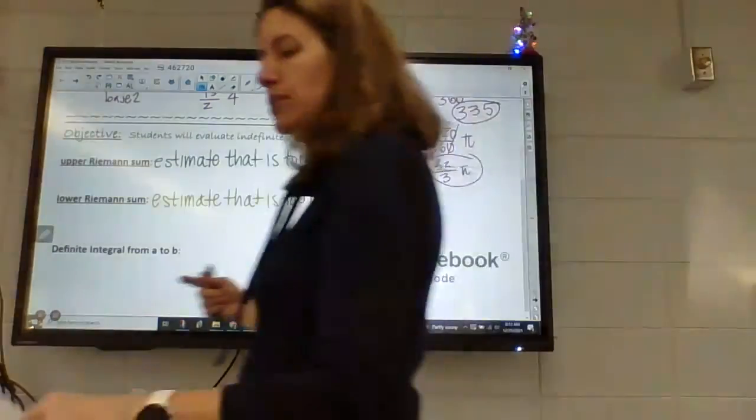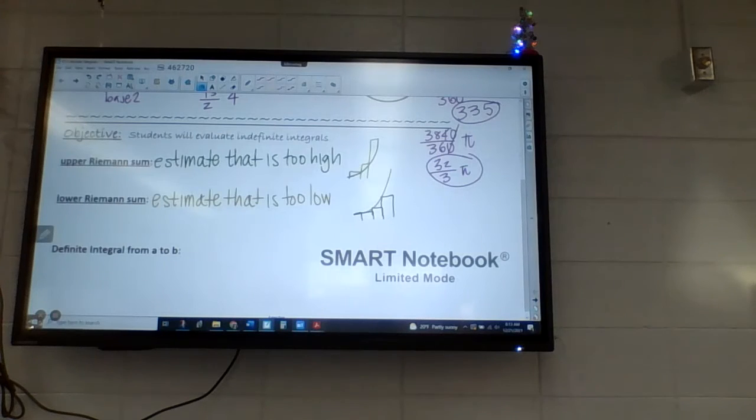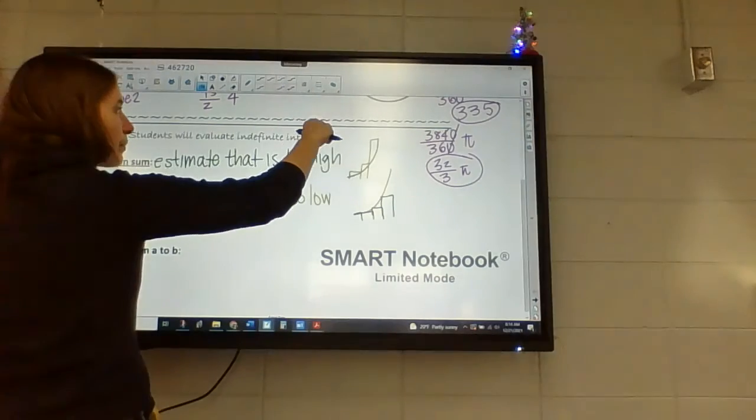Now one of the things we also learned, and you guys saw that if you did the n equals 16 thing, is the more and more rectangles you have, the closer and closer we get to the actual answer.